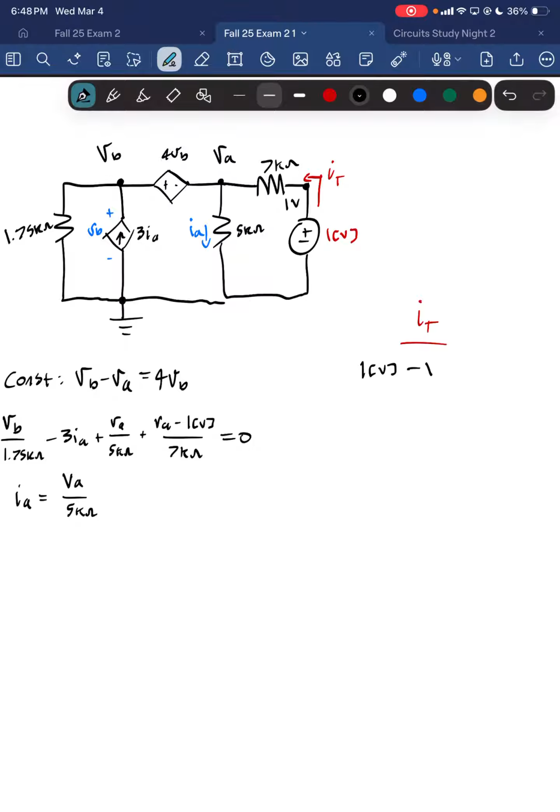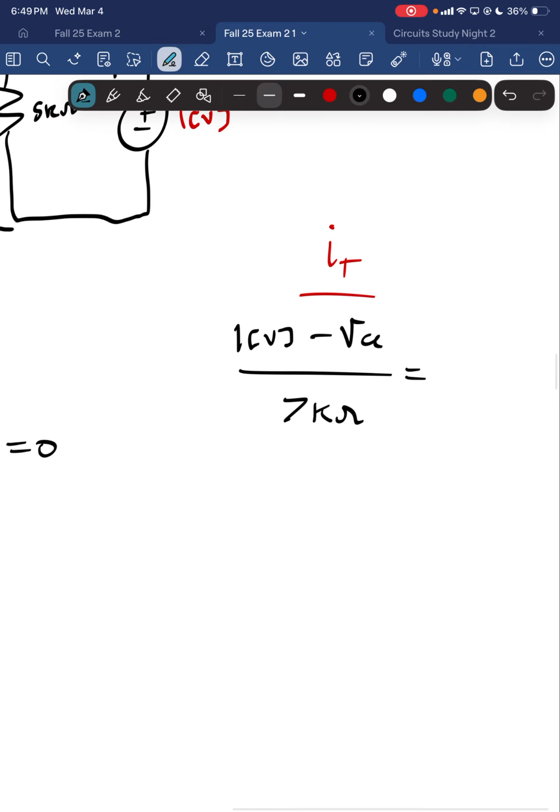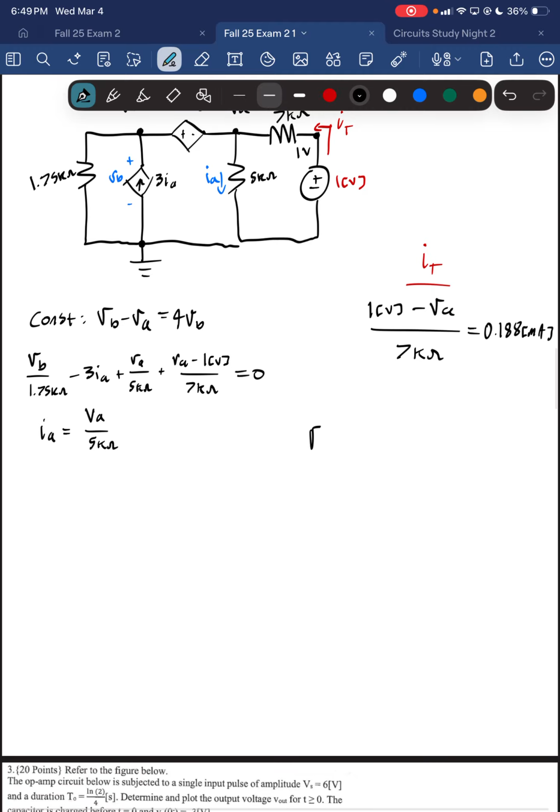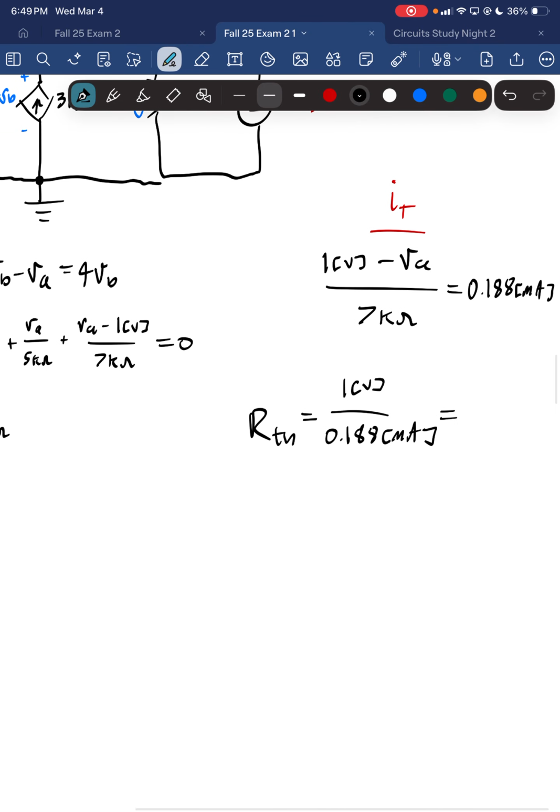And then you subtract it from whatever you find for VA, and then divide that by 7 kiloohms. And once you do that, you will get 0.188 milliamps. And so R Thevenin is equal to 1 volt over 0.188 milliamps, which is 5.306 kiloohms.